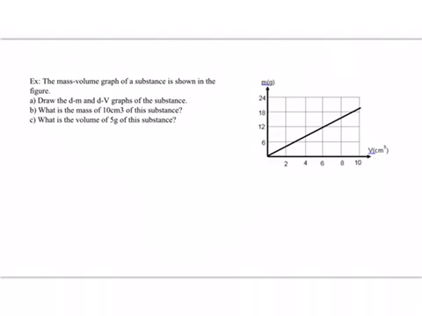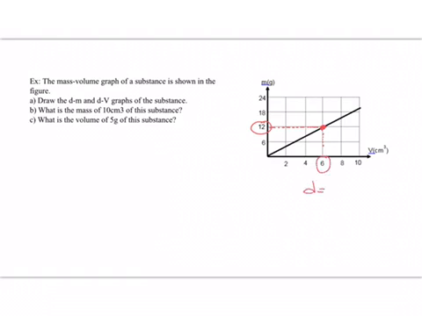The mass-volume graph of a substance is given. Draw the density-mass and density-volume graphs. Now let's find the density of this substance. I find an intersection point and find that 12 grams of this substance is equal to 6 centimeter cube.